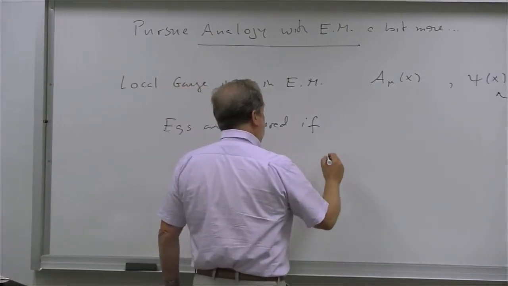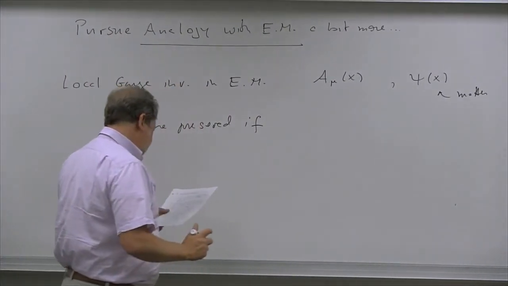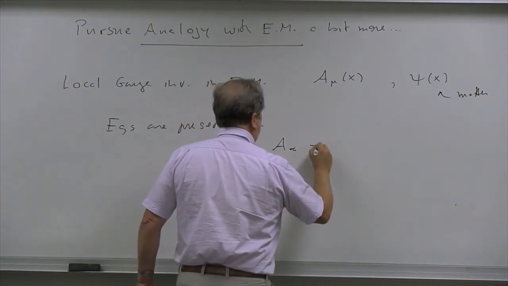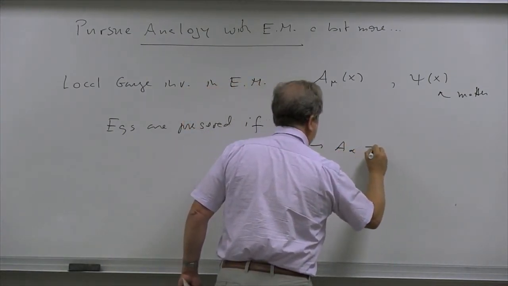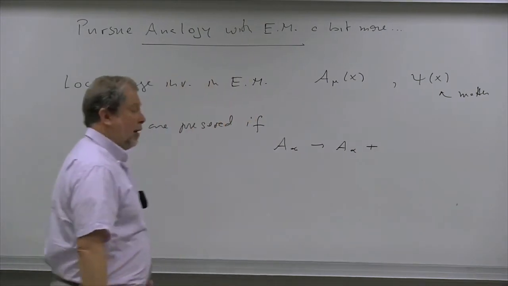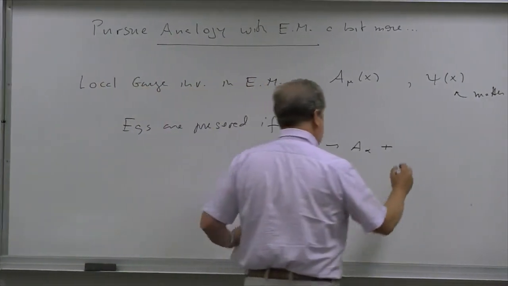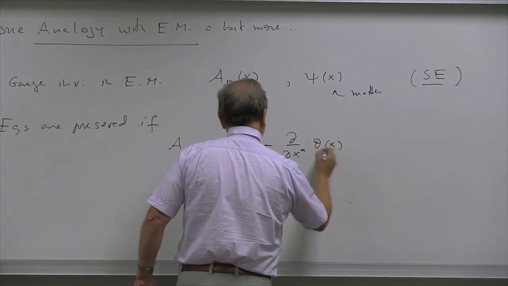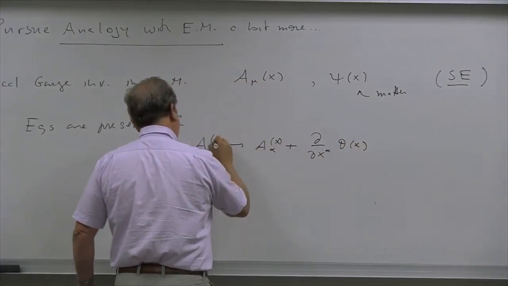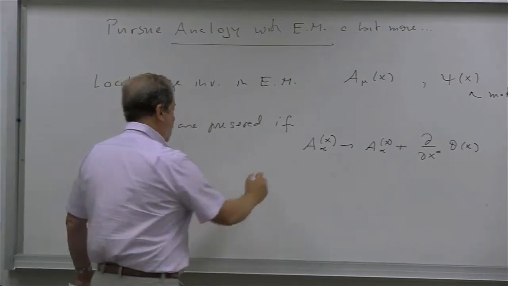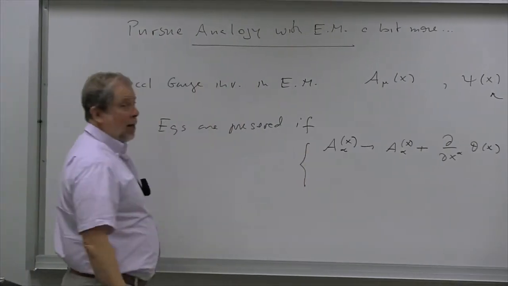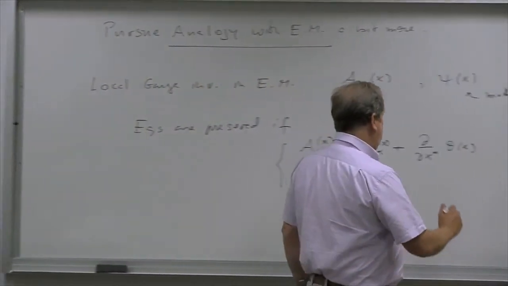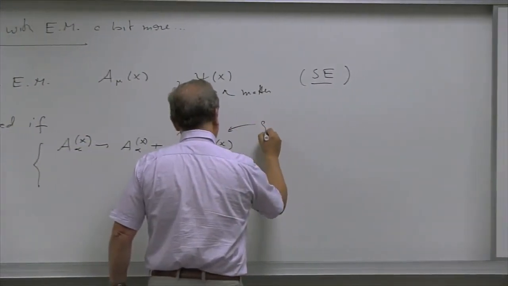Well, first of all, we transform the electromagnetic field: A alpha goes into A alpha plus a gauge piece, plus d by dx alpha of theta of x, right? And let's write x everywhere. So we know, for example, that Maxwell's equation is already invariant under this transformation, where this is some sort of gauge function.